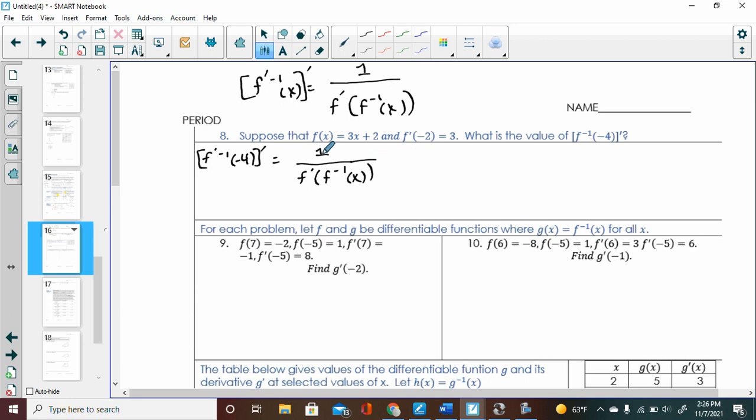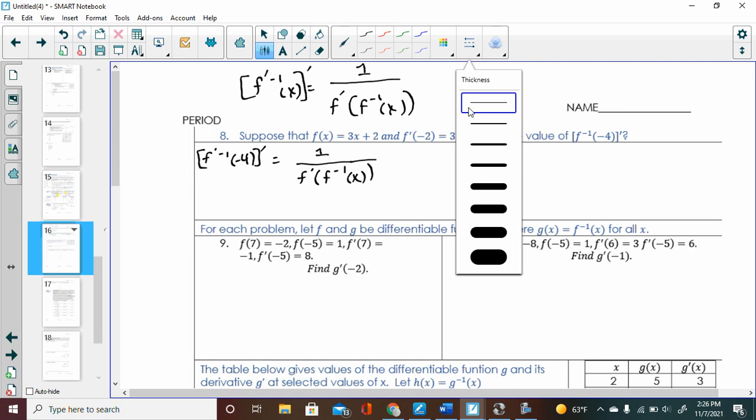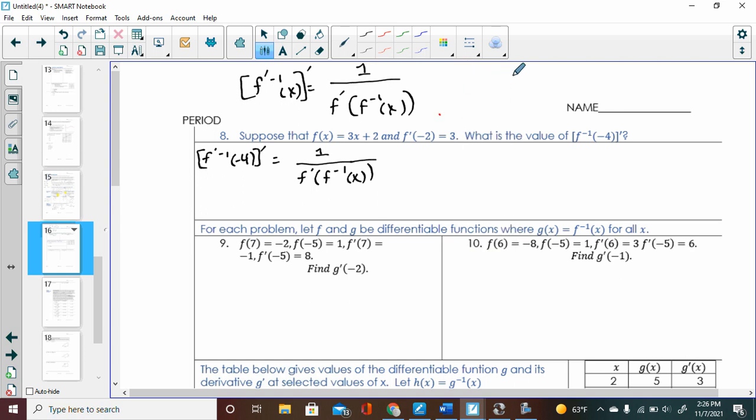Okay, so they give you the function for f, right? I need to know what the inverse is. That's where I'm going to start. So let's do like a little throwback here. And we're going to work with this inverse. That means that this value is a y value. Now you could find this inverse, or we could set this equal to y. So f of x equals 3x plus 2 and solve for that x.